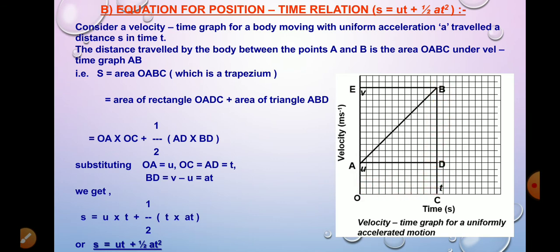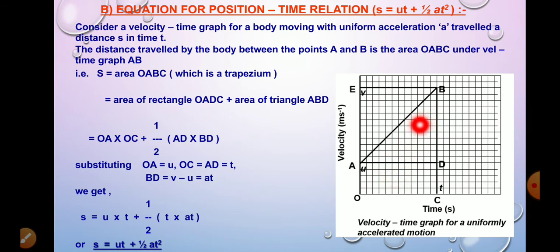You have already studied this in the last class when you studied the graphical method. To find the area below the slope, we take AD, which is parallel to OC. This makes a rectangle and a triangle.